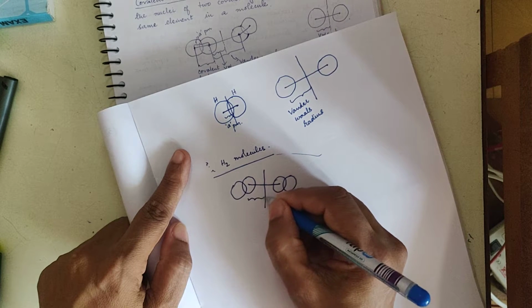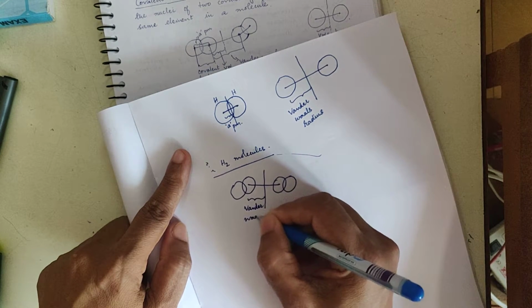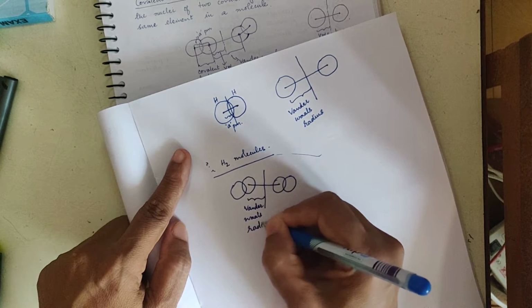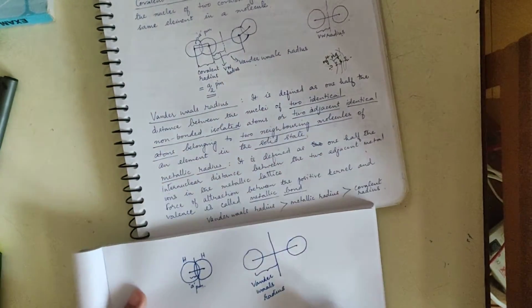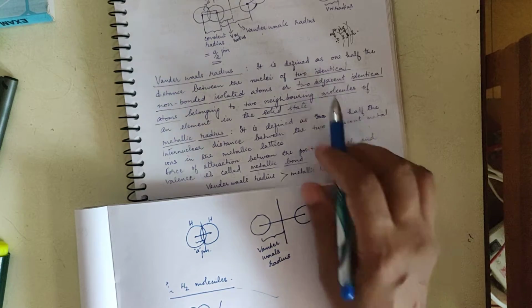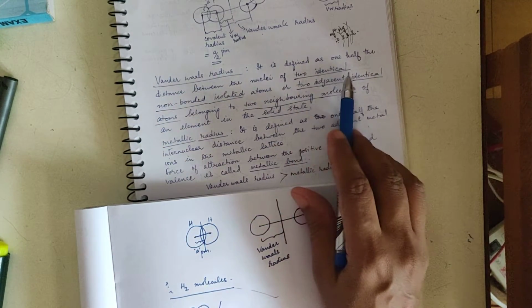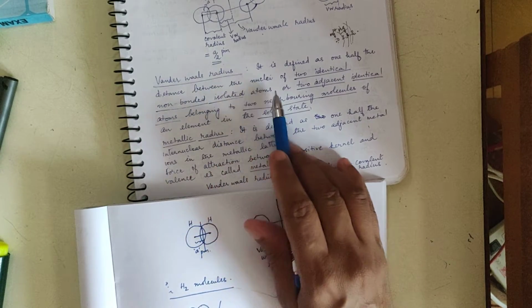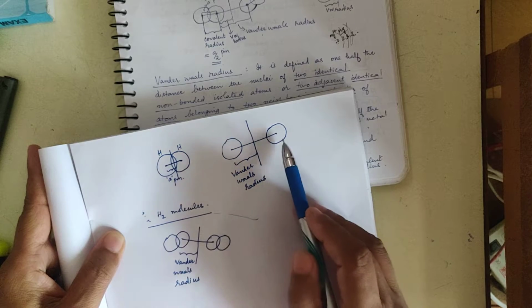So this is called van der Waals radius. This is what you have to understand clearly. It is defined as 1/2 the distance between the nuclei of two identical non-bonded isolated atoms. Is it not? These two are individual isolated atoms.